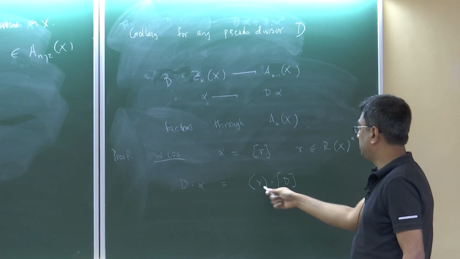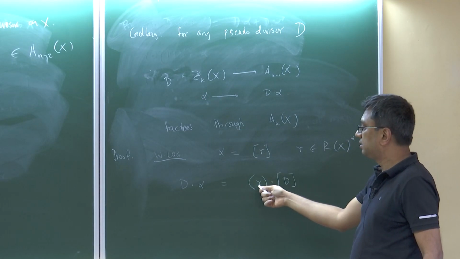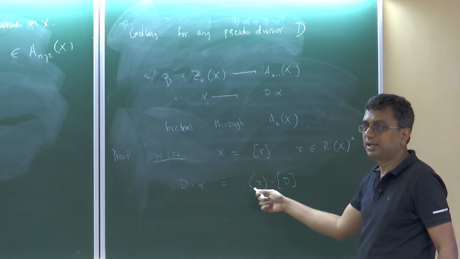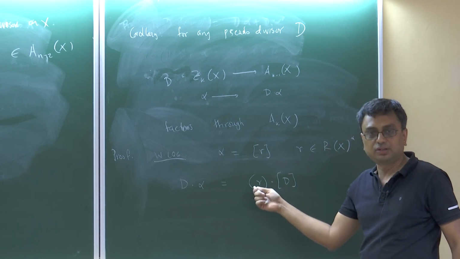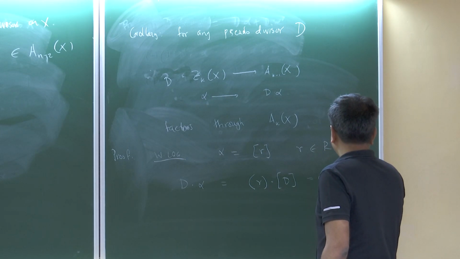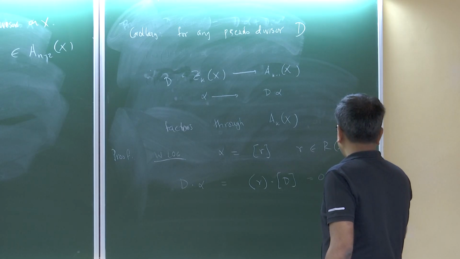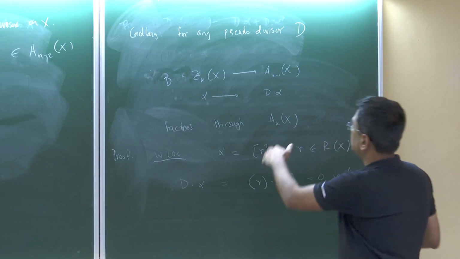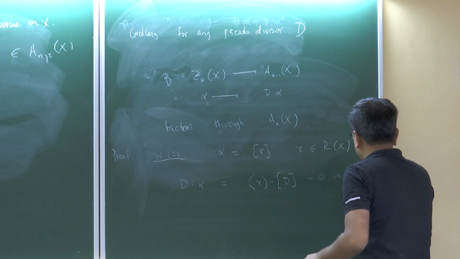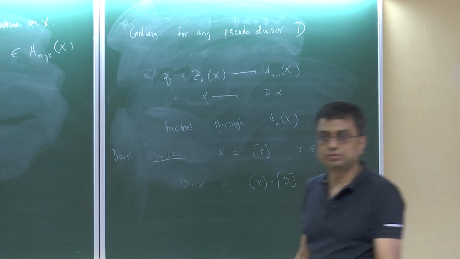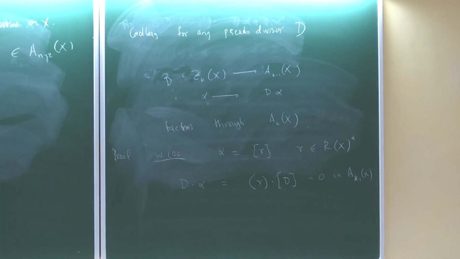But whenever the pseudo-divisor or the line bundle that I am taking the dot product by is trivial, then this dot product is 0 in A_{k-1} of X, since we started with k, so X was k-dimensional.